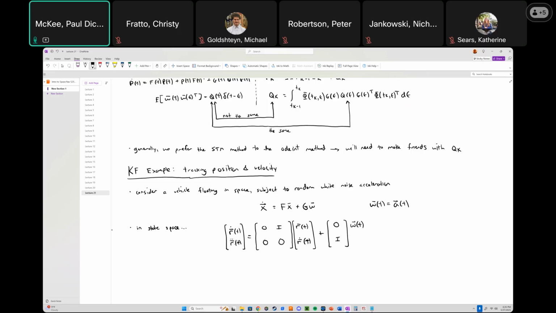Now, for this problem, we know that Q of t is just going to be sigma omega squared times the identity matrix. And typically, Q of t is diagonal, and QK is not.